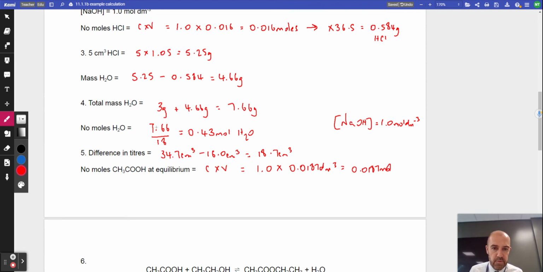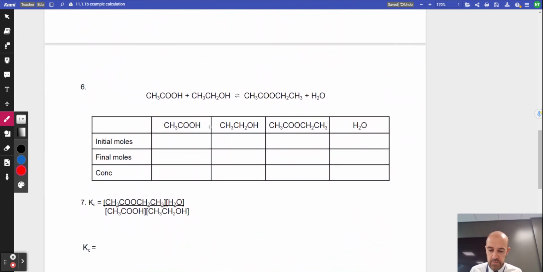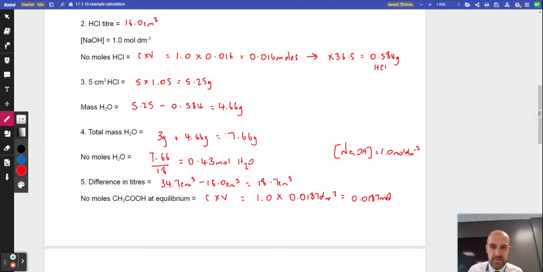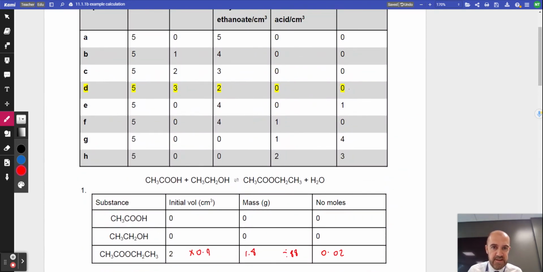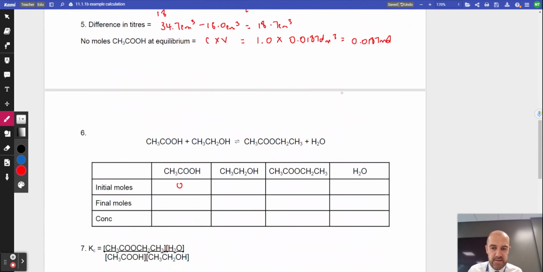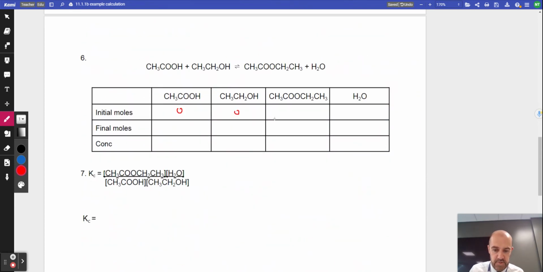Then we go on to look at what we've got. Initially we had no ethanoic acid. If we go back up to here, we have no ethanoic acid and no ethanol in this mixture, and we had, as we've calculated, 0.02 moles of ethyl ethanoate and 0.426 moles of water.